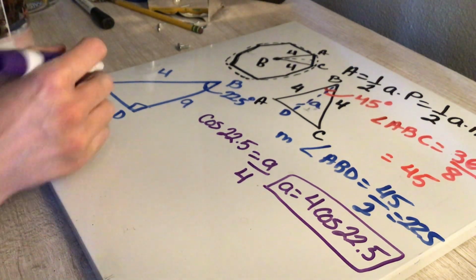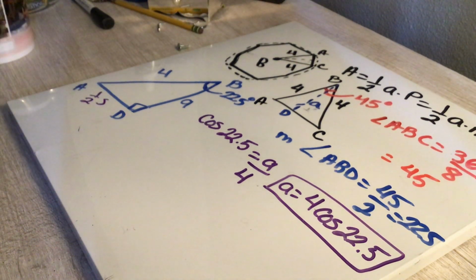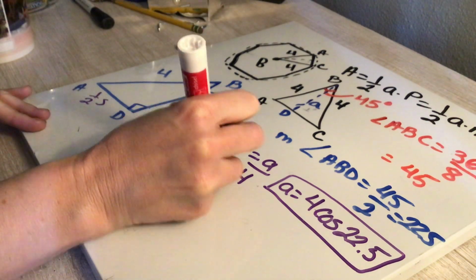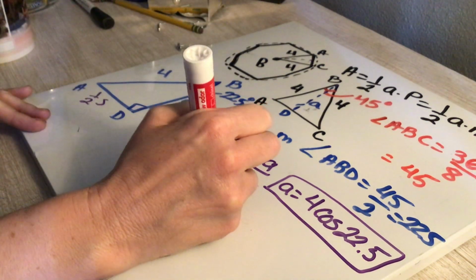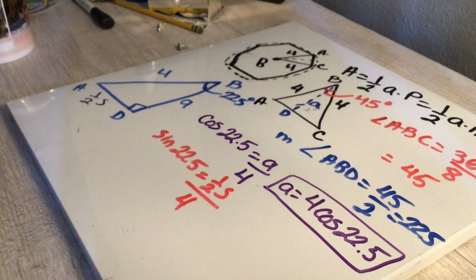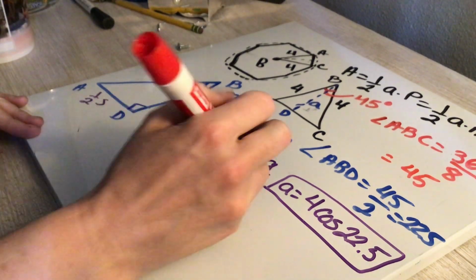Then we know AD is half the side of our triangle. So that's the side opposite the angle. So the sine of 22.5 is the side opposite, which is half our side length, over the hypotenuse. So let's label it AD for now.